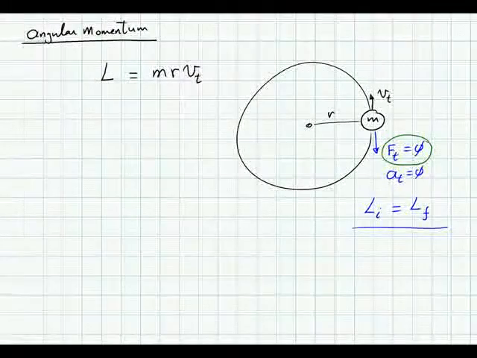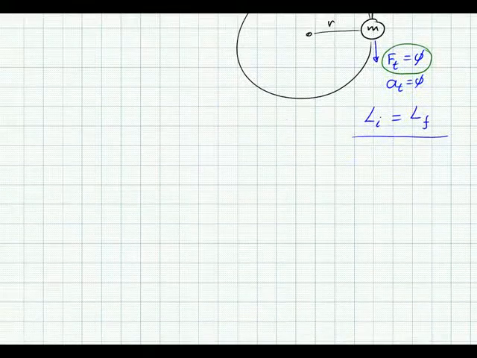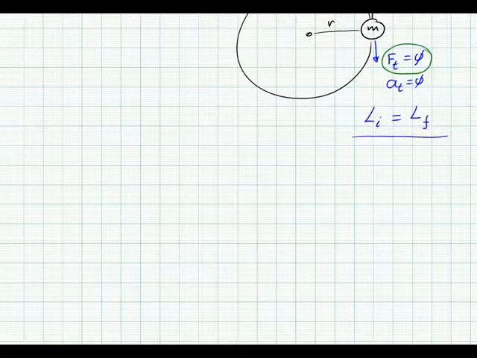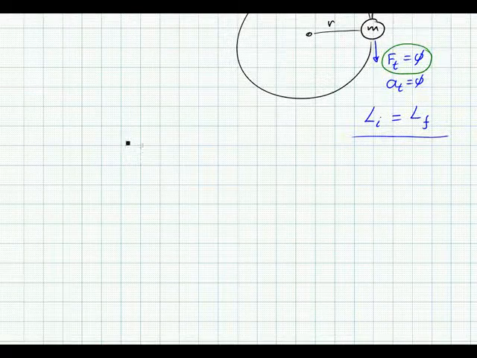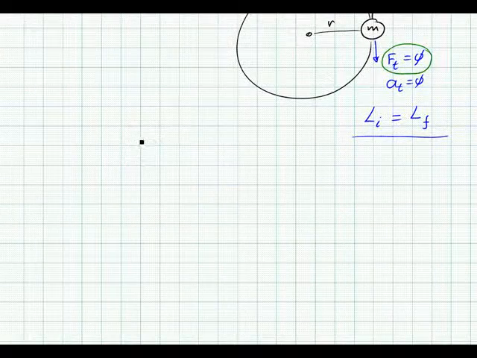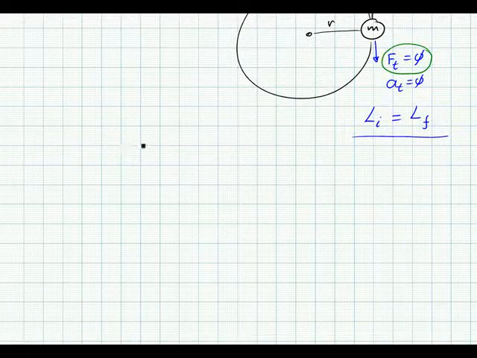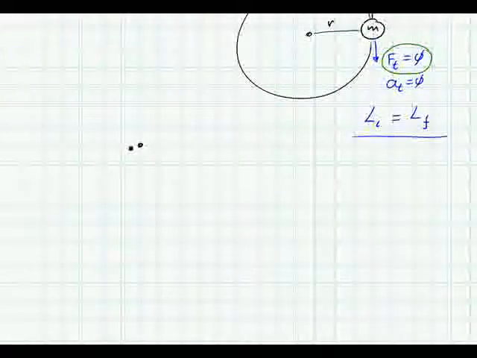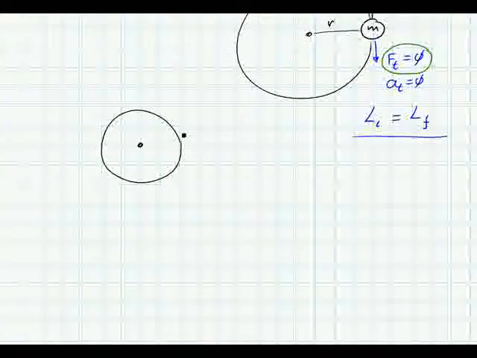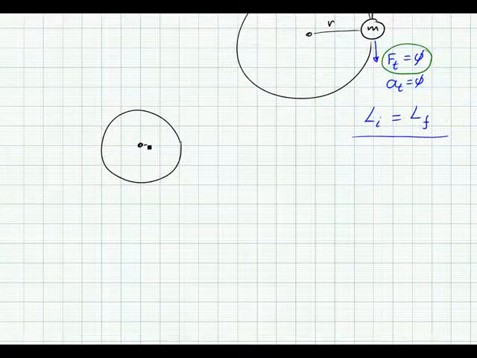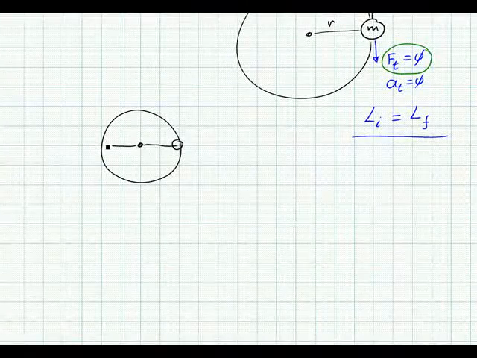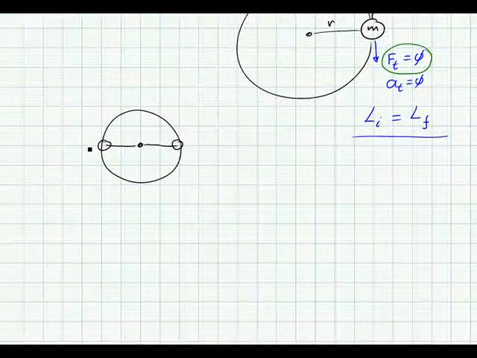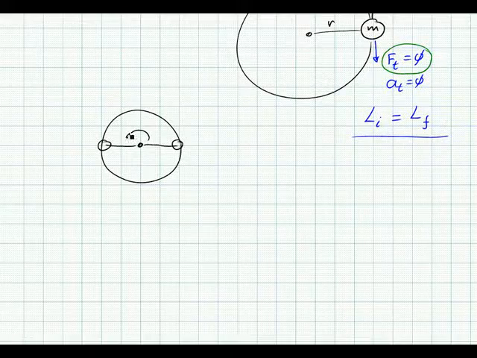So for example, if you have an ice skater that is spinning about a vertical axis while she's holding out her hands, so she's spinning this way.